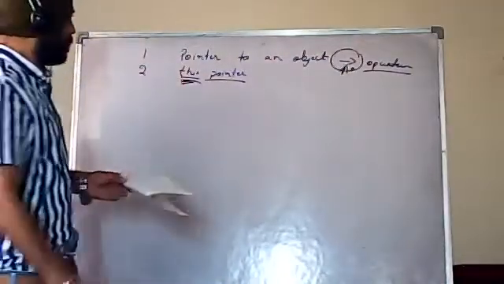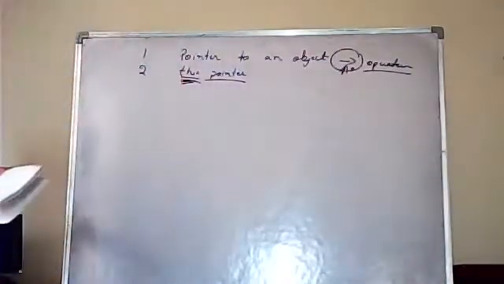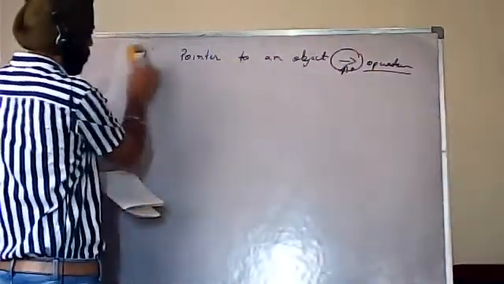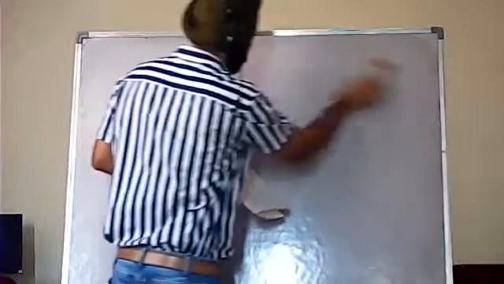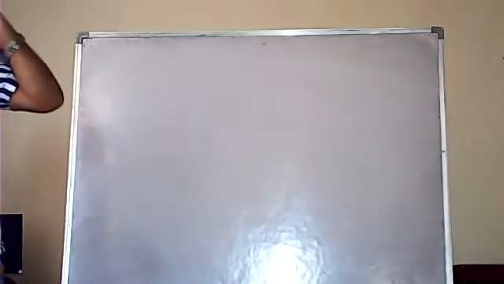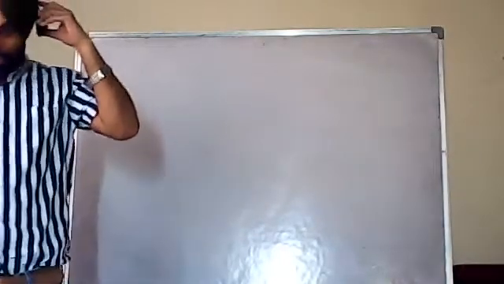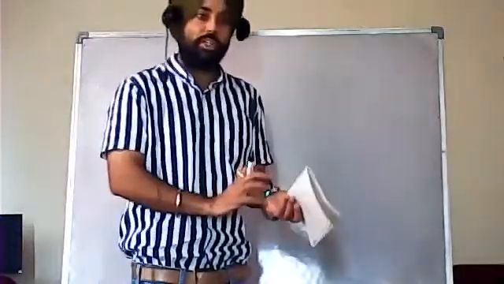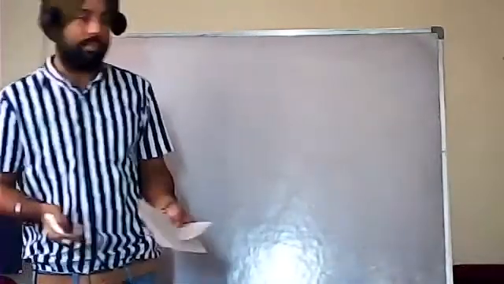So first I am going to explain pointer to an object. Before that, I am going to explain how we can create the class, how we can call the member function of a class, and how we can declare an object of the class.